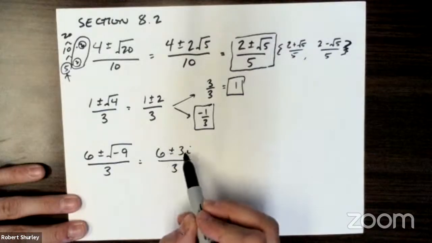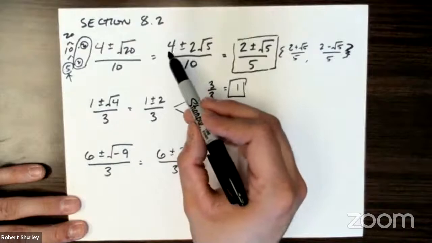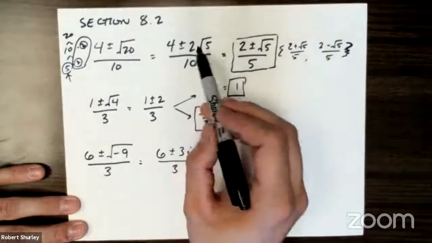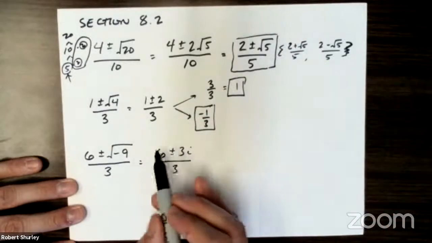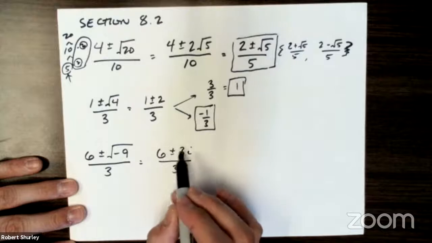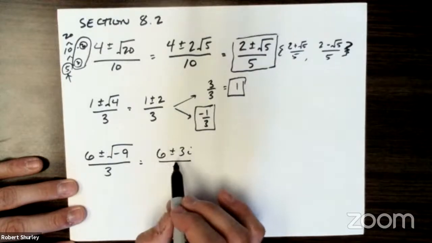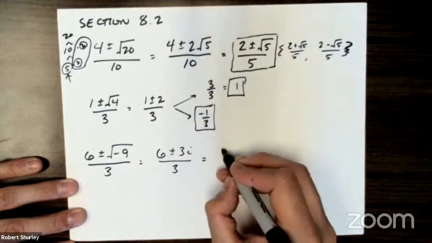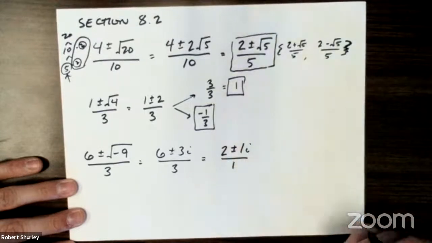Now, look, we cannot add and subtract a real number and an imaginary number, the same way we can't add and subtract a rational and an irrational, okay? So we can't add or subtract these together. At this point, we're going to see if we can divide something into all 3 parts, and we can. 3, 6, and 3 are all divisible by 3, right? So we could write that as 2 plus or minus i over 1.